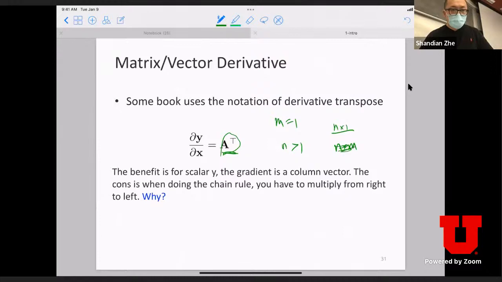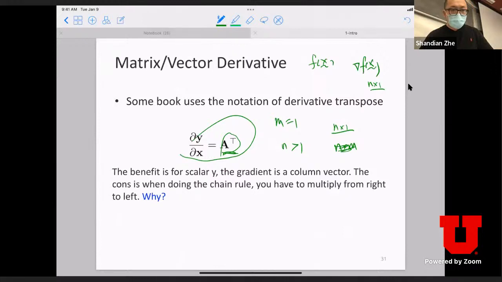This is consistent with your view of the gradient vector. Suppose you have a function of an n by 1 vector x. You want your gradient to be an n by 1 vector as well. That's where this notion arises from.